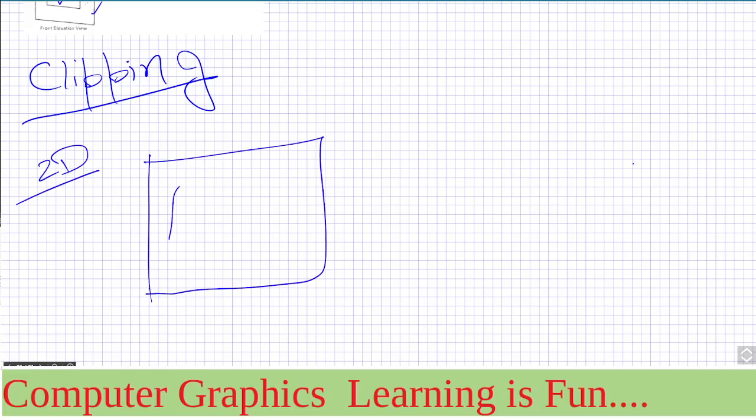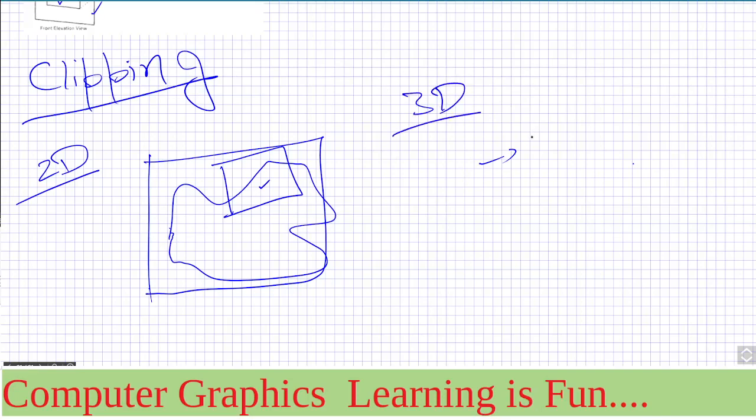In clipping, in 2D clipping, what was there? In case of 2D clipping, you had a scene, and from the scene you have a window. Whatever was inside the window was being displayed, right? Now you have an object. So in 3D, suppose this is your object.